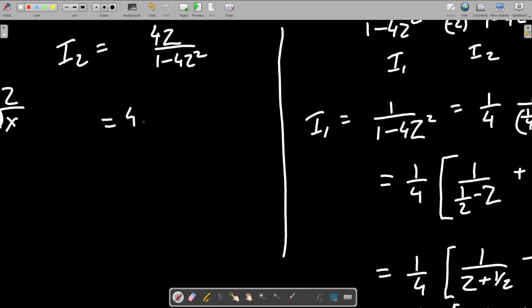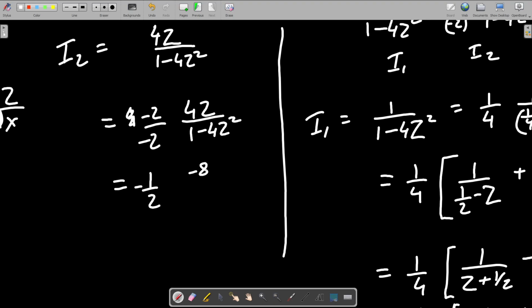So I'll keep this 4 out common. I'll balance it a minus 2 up, minus 2 down. 4z minus 4z square. Okay, so this will become minus half. You keep it out, this I'll write it as minus 8 times z upon 1 minus 4z square.